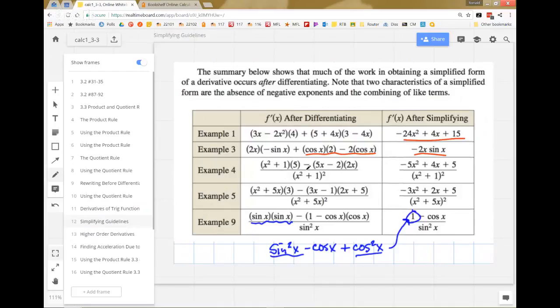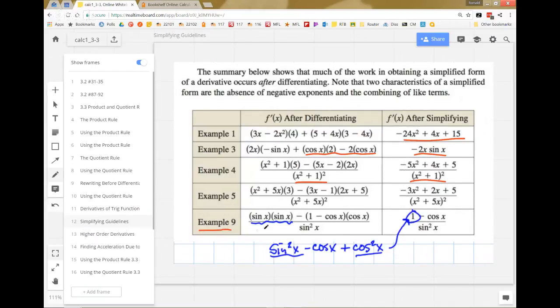This next one, don't mess with the x squared minus 1, the x plus 1 quantity squared on the bottom. Just let that be. Don't touch it. But on the top, multiply and bring the like terms together. Likewise on example 5.